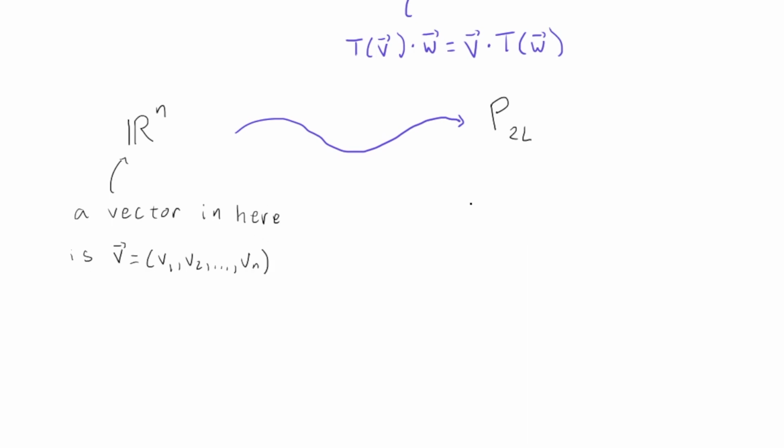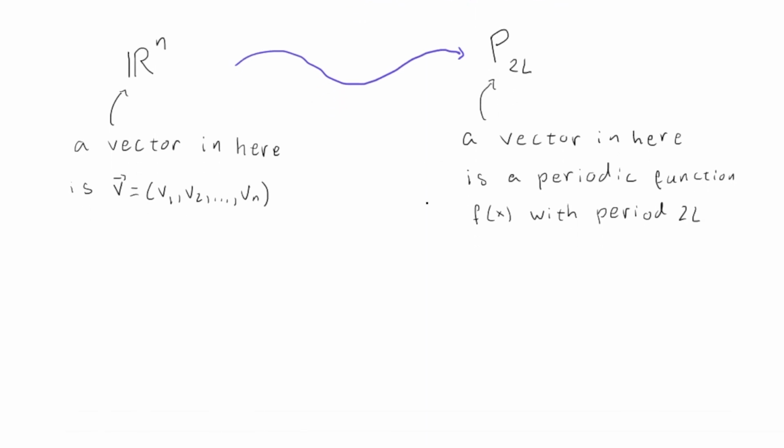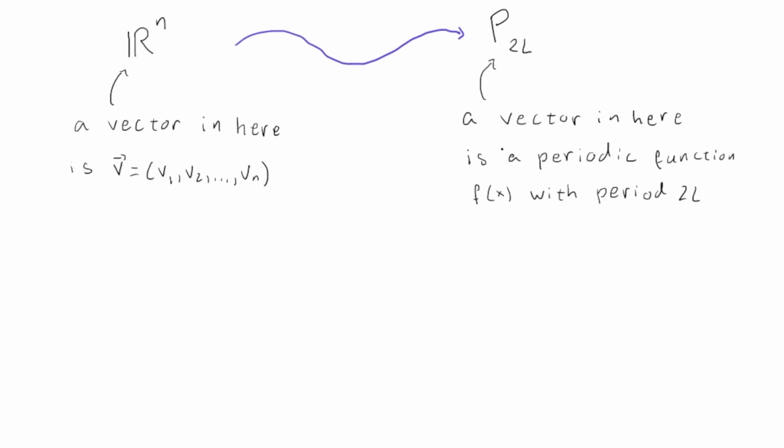While here, a vector is a periodic function f of x with period 2L, and infinitely differentiable. I'm not going to say that all the time just because it's a little long.